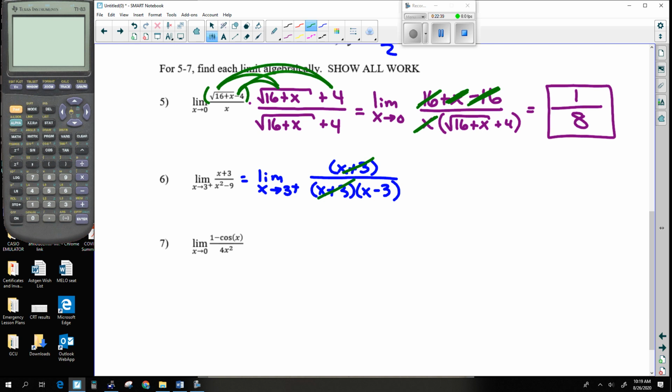Now I still can't plug in that 3, but we're forced into it now. And so what would happen if I go from a 3 plus, that's a little bit bigger than 3, that denominator is still going to remain positive.